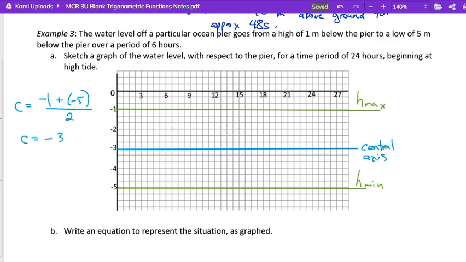Now, where does the water start? Does it tell us that it starts at high? Yeah. So we're starting off at high tide. How often will the water be at high tide? Every 6 hours. So at 0, it's at high tide, at 6, at 12, at 18.